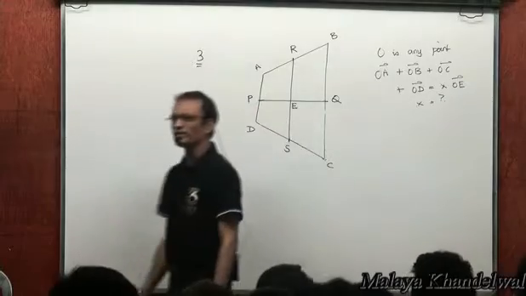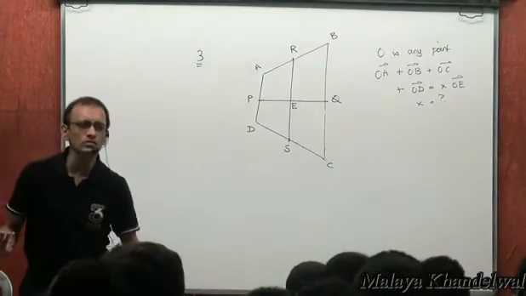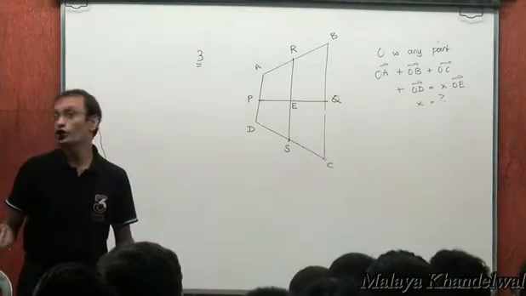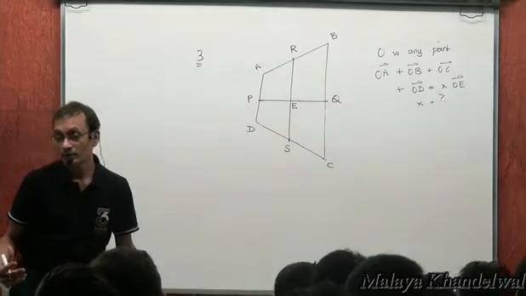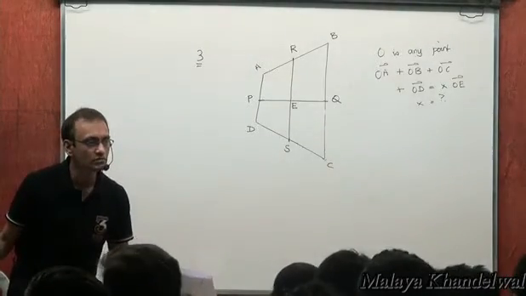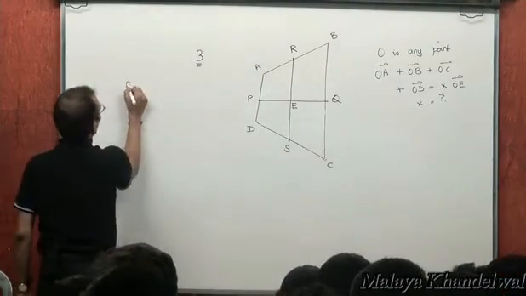Hey, if O is any point, can we not choose O as the origin? If O is any point, then O could be chosen as the origin, right? So then what would OA be?